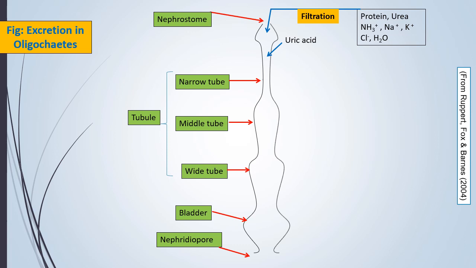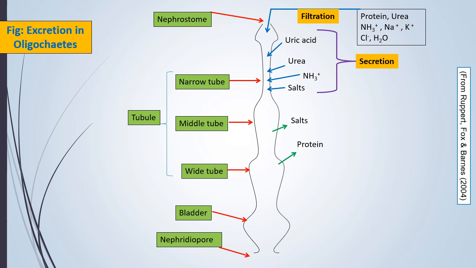The first part of the tubule, the narrow tube cells, secretes additionally some uric acid, urea, ammonium ion, and salts. The cells of the middle tube absorb salts.